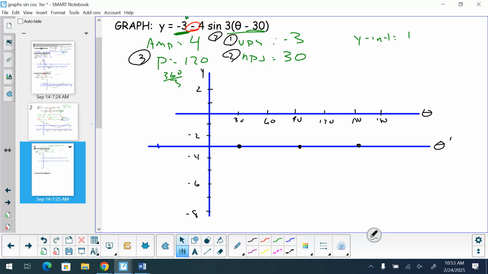But SpongeBob opposite of that, we have to go down first. Our amplitude is a value of 4, so at halfway point 60, it will take us down to -7. Then halfway between 90 and 150 is 120. We'll be at a peak, which is 4 up.